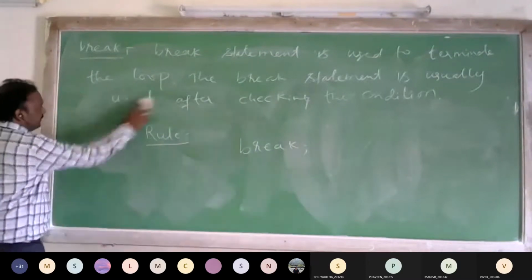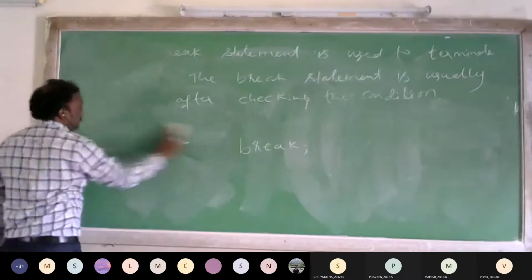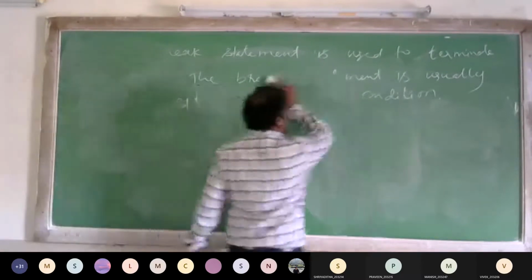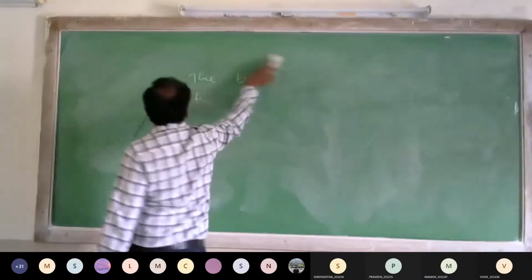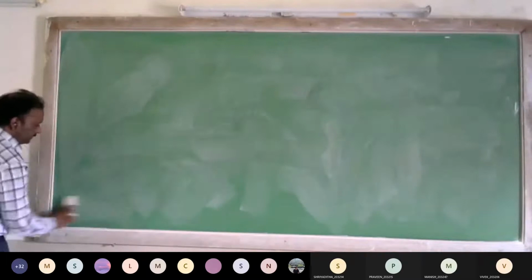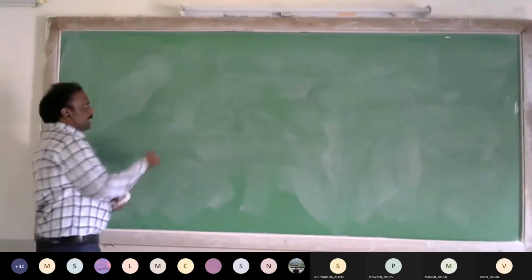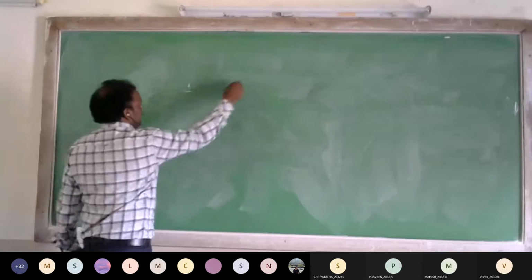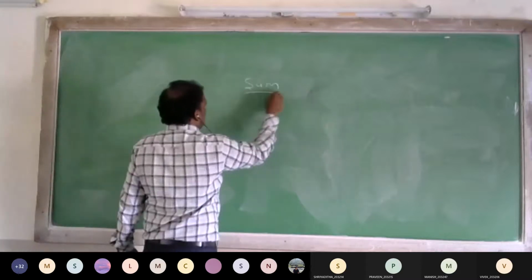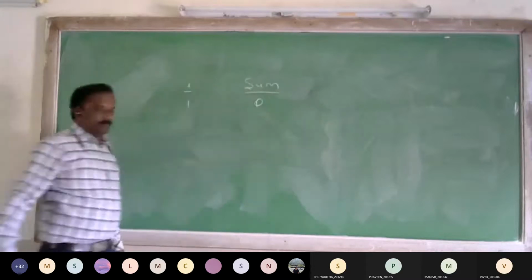Now we shall see an example program. I want to add numbers. Say this is i, this is sum. Sum is 0.